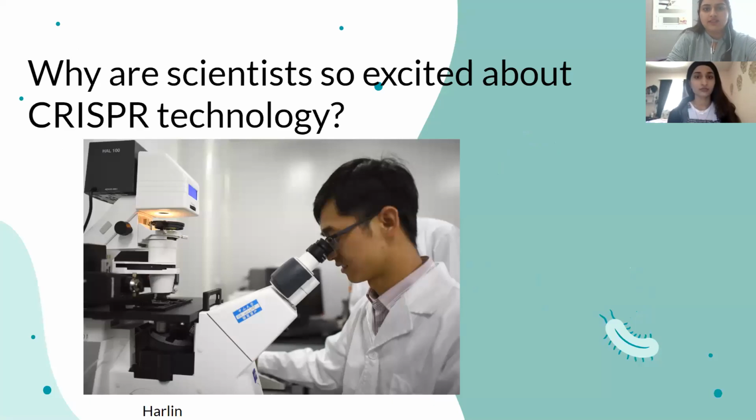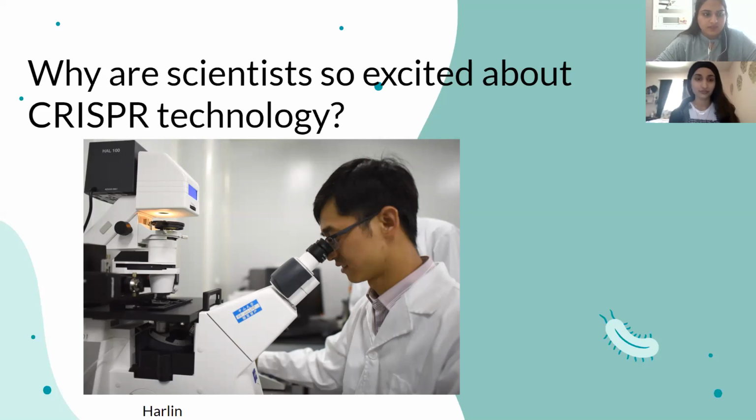So, why are scientists so excited about CRISPR technology? Scientists had tools for editing human genomes before the discovery of CRISPR. However, these tools were expensive and labor intensive and sometimes did not work for particular DNA sequences.